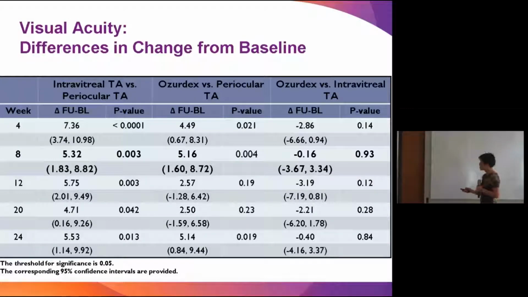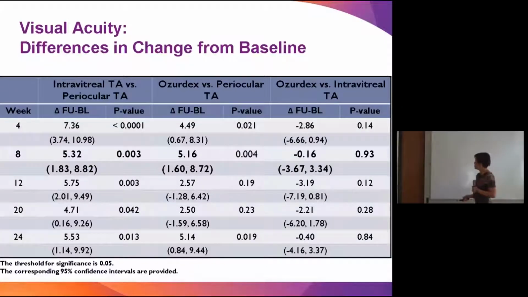Firstly, rises in intraocular pressure greater than 10 millimeters of mercury from baseline. Ozurdex was found to have a much higher risk of doing this than the periocular. Not so for triamcinolone. And if we compare Ozurdex versus intravitreal, no difference.